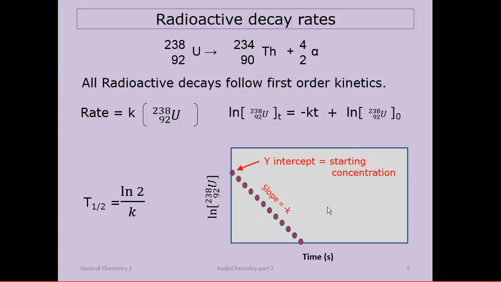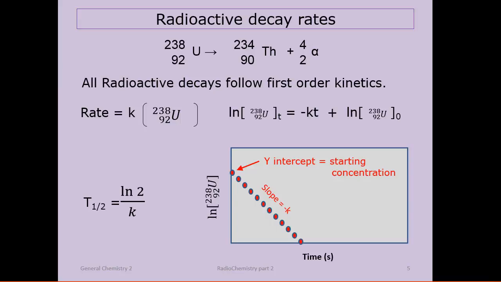And we've also learned that if you calculated how much time until half of the uranium was left over, you would have this expression where you just take the log of 2 divided by the rate constant, and that rate constant and that log of 2 are fixed. So the half-life is constant for this as well. So this problem's getting simpler and simpler.